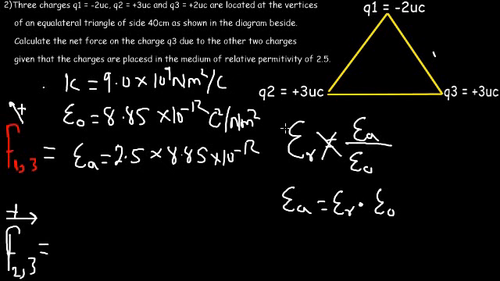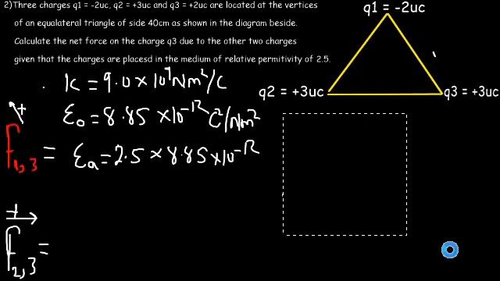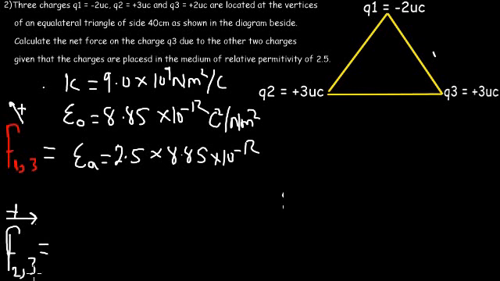I'm going to type that into my calculator and have the result. And that should equal 2.21 times 10 raised to the power of minus 11.